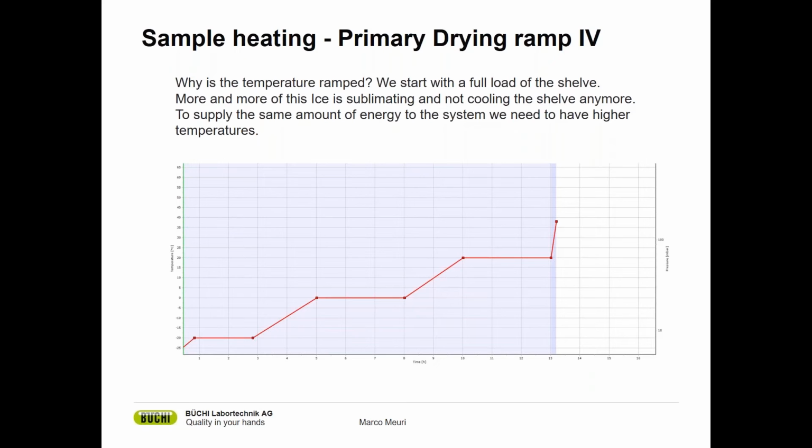Now, the longer the freeze drying process is running, the less sample or ice we will have on our shelf. And this means the lower the cooling effect will be. And this means that we will need higher temperatures to supply the same amount of energy to the system. And this is also why we see ramps in freeze drying or primary drying.